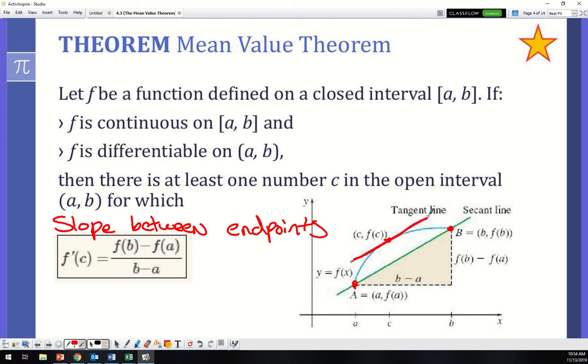Escriba, por favor. Please write it down. That's the most basic. I translated Mathanese to Fonzie Berries right there. So the slope of the endpoints, set it equal to the derivative. Mean value theorem.